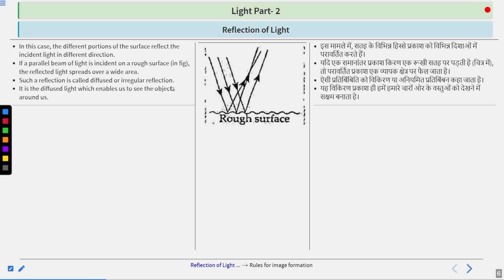It is the diffused light which enables us to see the objects around us. So remember, whatever object you are seeing around you easily, this is because of the diffusion of light. Because for example, a parallel beam of light is coming to the object like this, and now it is reflecting the light in every direction.